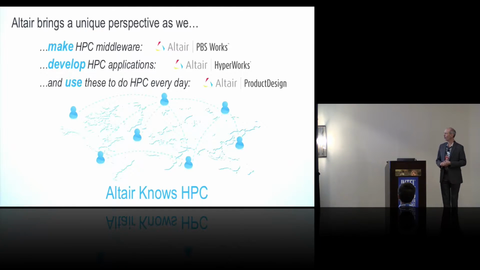But what makes Altair really unique, and what I think makes us really know HPC, is that we don't just do workload management with PBS Professional. We actually have a large development team who builds applications for high-performance computing. So we build structural optimization applications, Radioss, OptiStruct, computational fluid dynamics, electromagnetics. And so we have an entire team who depends on my team to help them get more access to computing power.